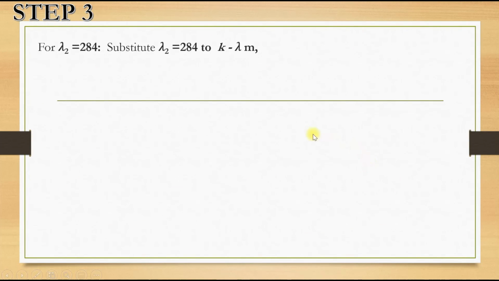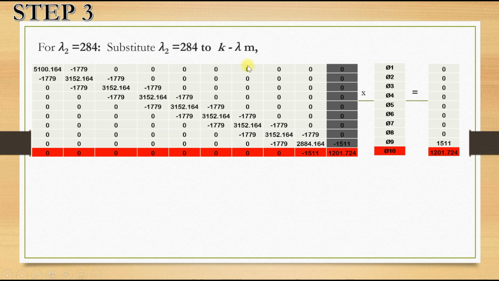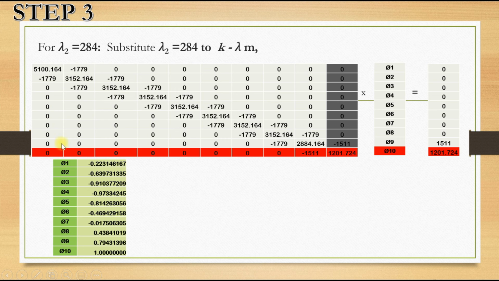Next, for mode 2, isa-substitute na din natin yung eigenvalue natin sa mode 2 na na-compute natin kanina. So ito yon, sa mode 2 we have the eigenvalue which is equal to 284. Pag i-substitute natin dito sa formula na ito, makukuha natin itong matrix na ito. So pag i-multiply siya dito, makukuha natin yung value ng eigenvectors.